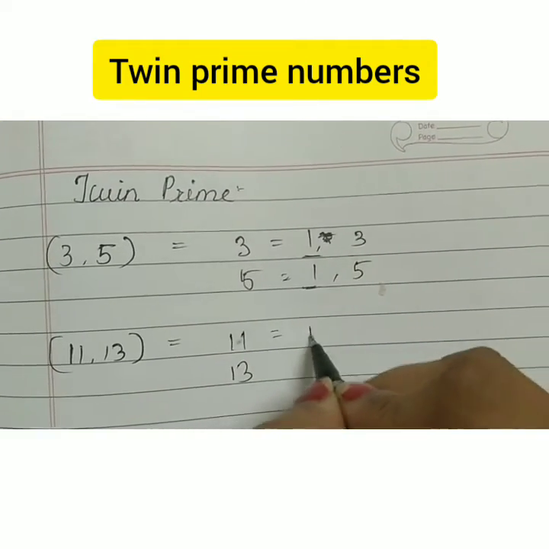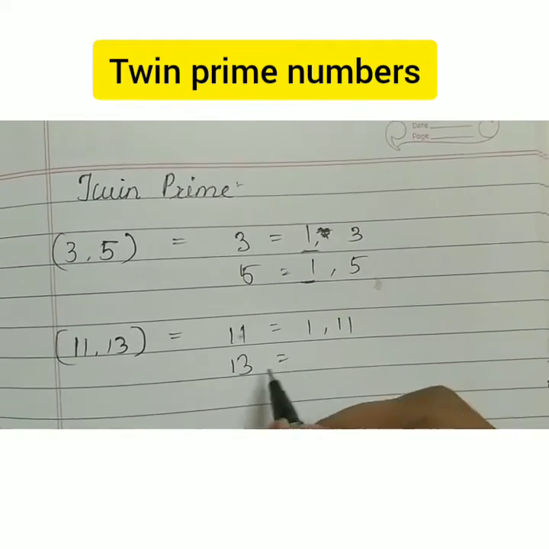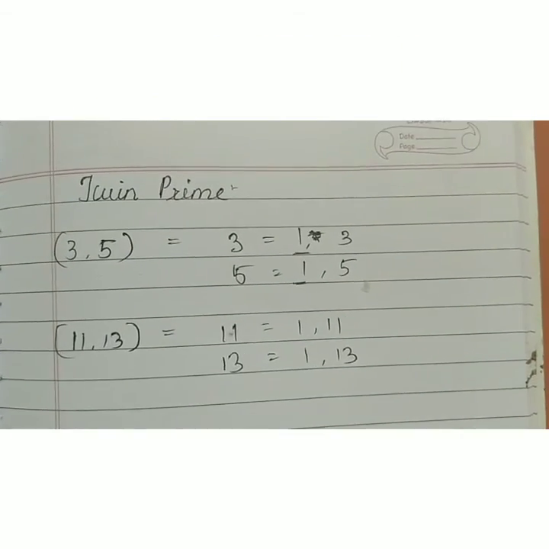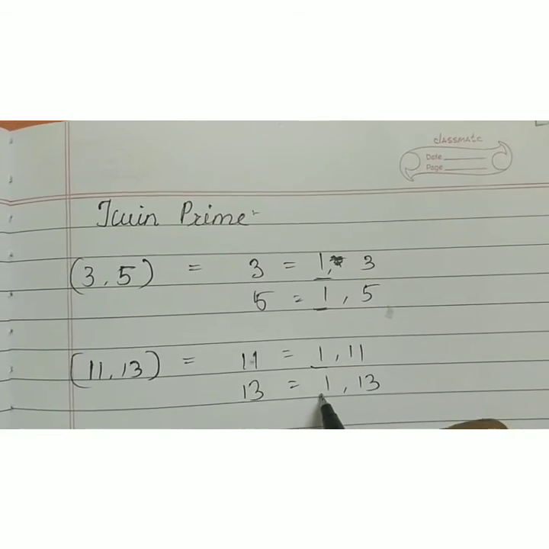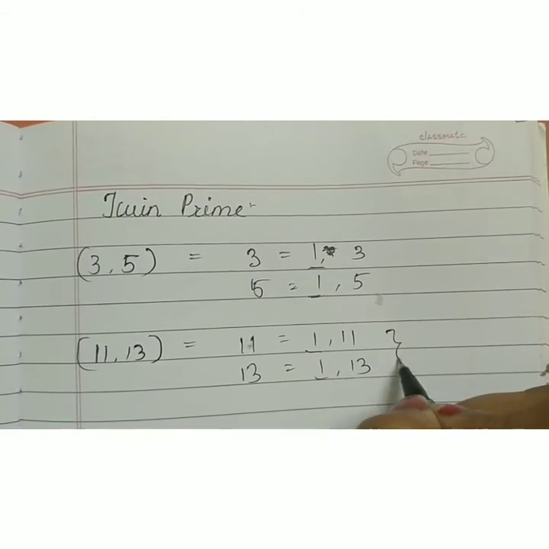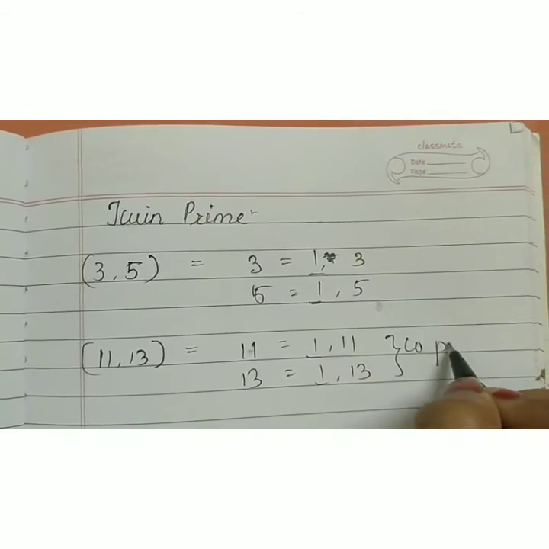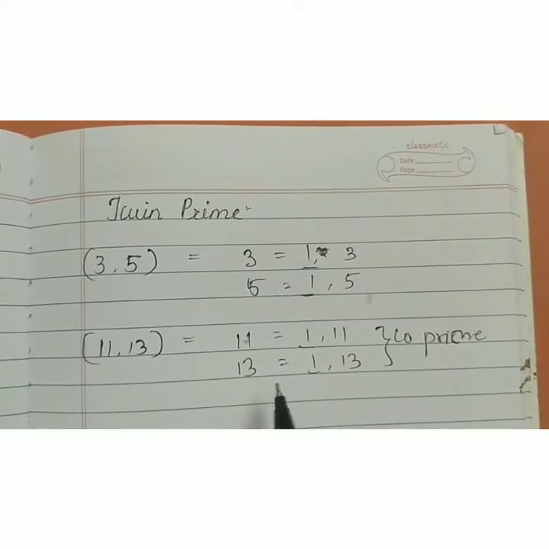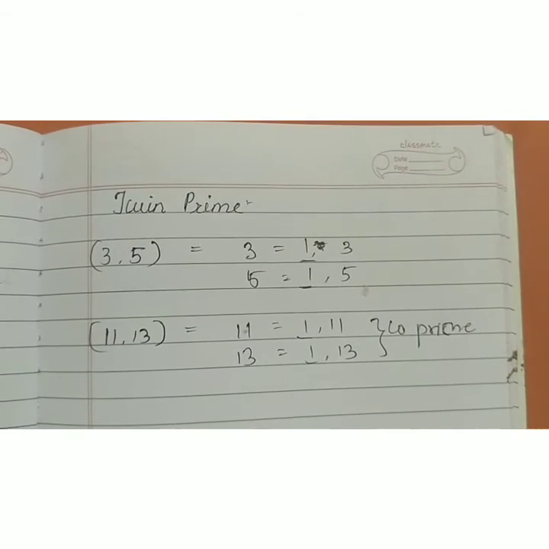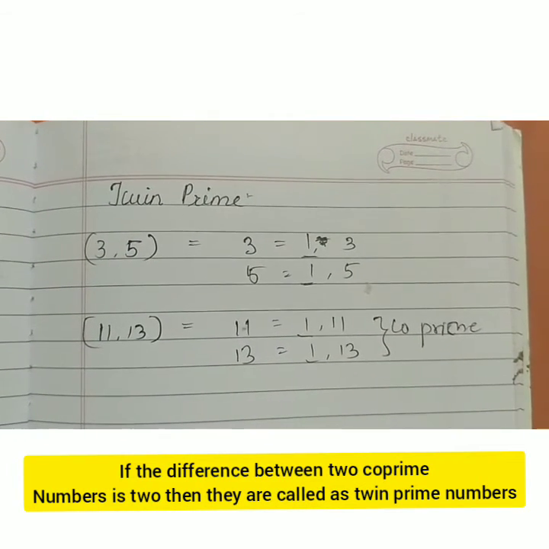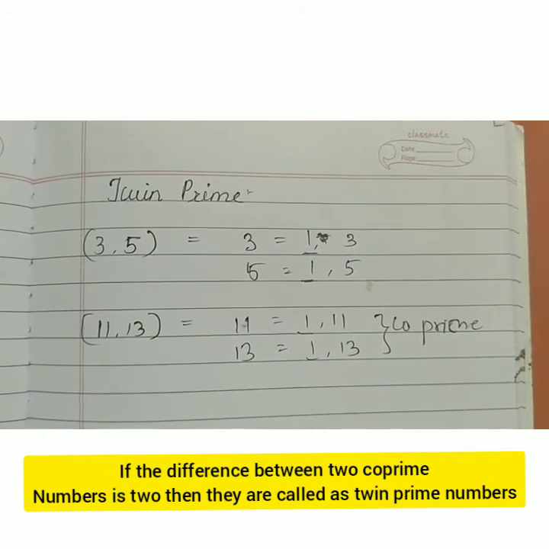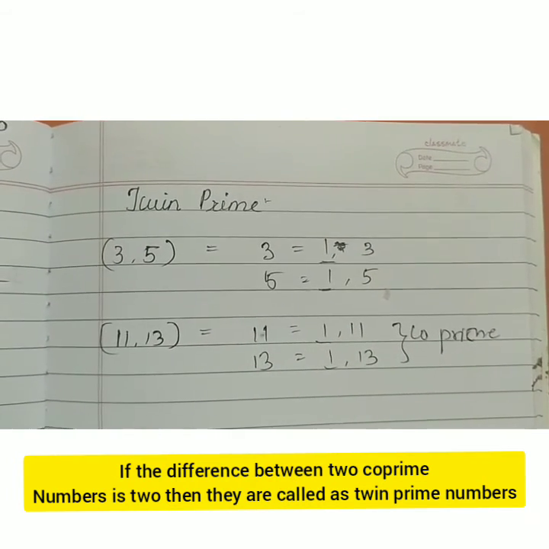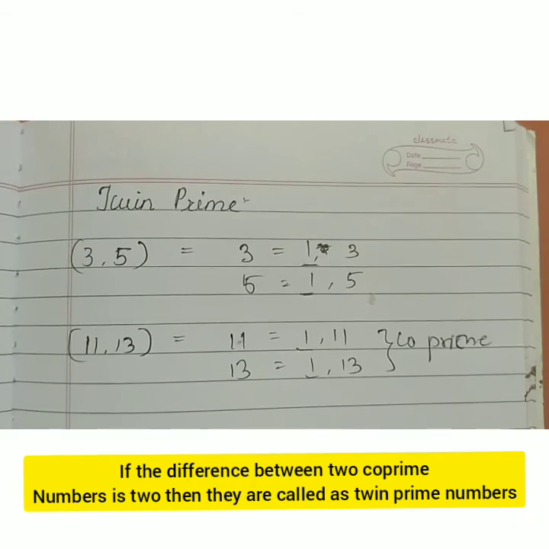Again we have 1 as the common factor, so they are co-prime, but the difference between them is 2, so we call them twin primes. So what is meant by twin prime numbers? If the difference between two co-prime numbers is 2, then the numbers are said to be twin prime numbers.